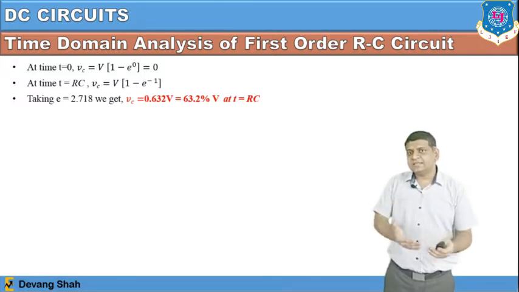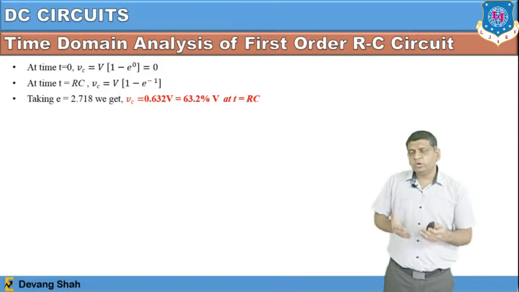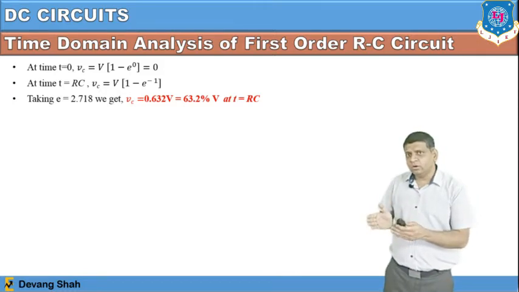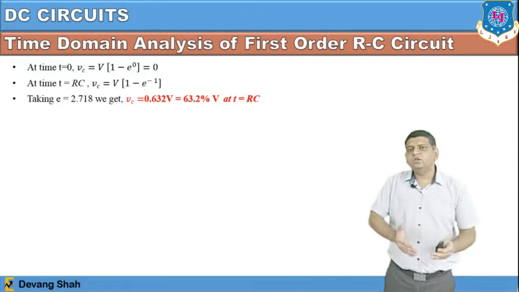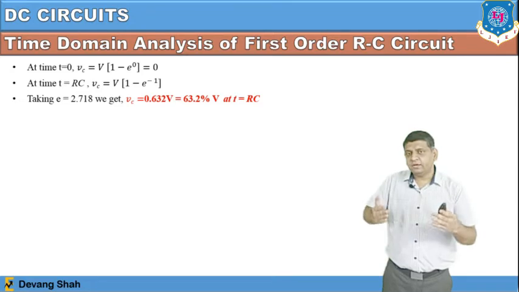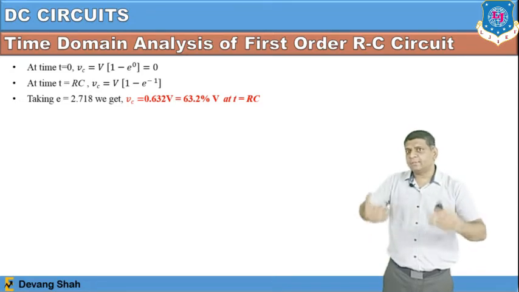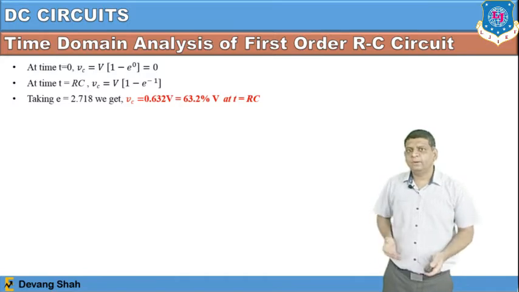When switch S is connected to position 1, that is represented by t. So what does it mean? If I connect switch S to position 1 for a time equal to the multiplication of the values of R and C, then the charge across the capacitor is 63.2% of the total applied voltage.